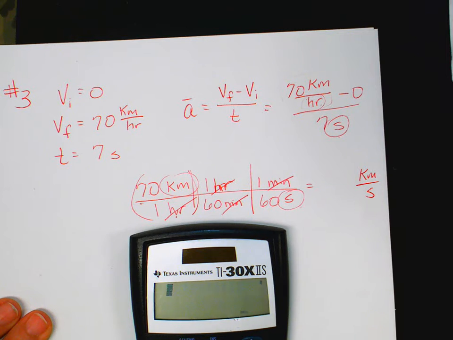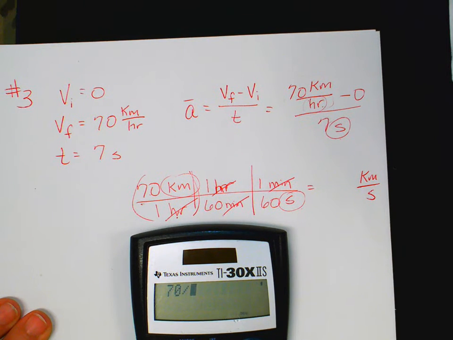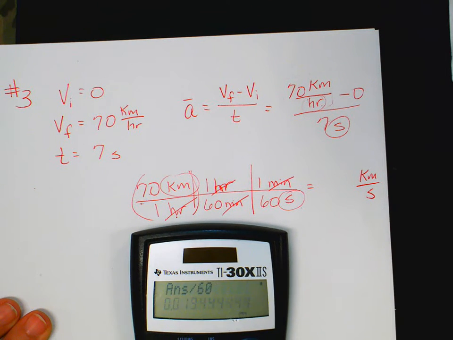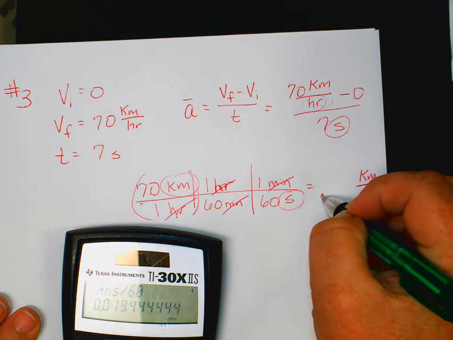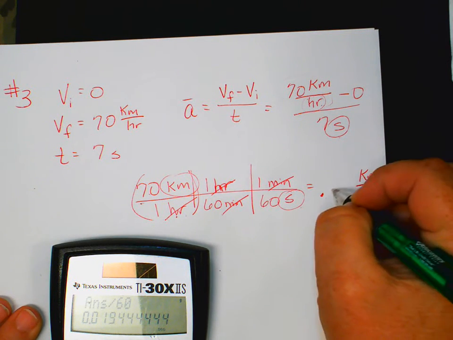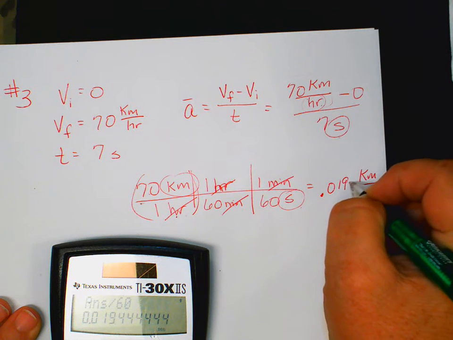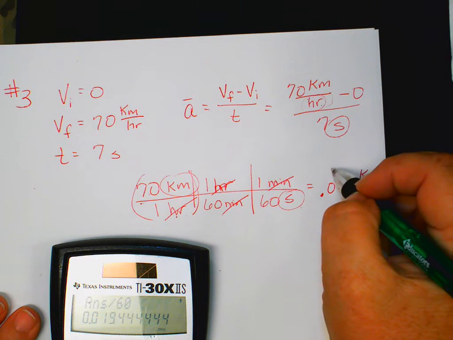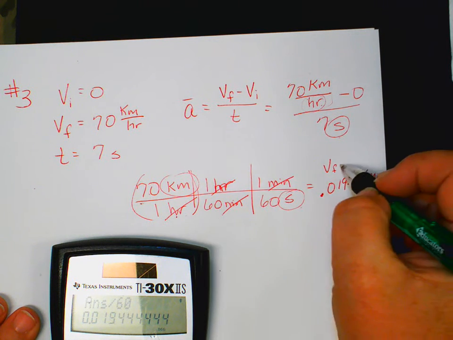So I would go 70 divided by 60 divided by 60. So in kilometers per second, 70 kilometers per hour is equal to 0.0194 kilometers per second. That is our final velocity.